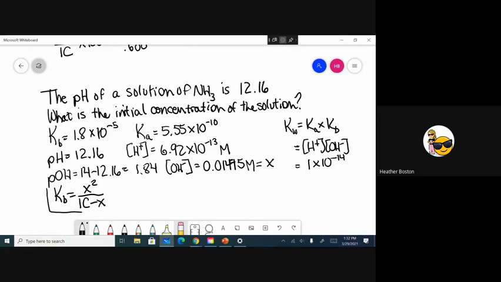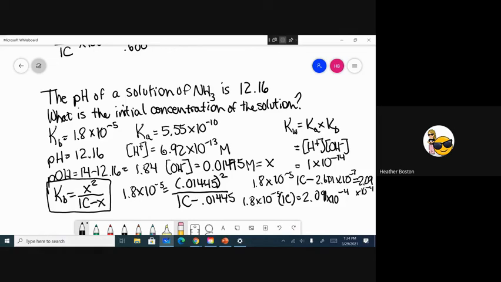Let's fill in what we know. That's our general form. Kb is 1.8 times 10 to the minus 5. x is 0.01445 squared, and then we get initial concentration minus 0.01445. Remember what I said, there's no sense in ignoring x if it's given to us. And I get an initial concentration of 11.6 molar.